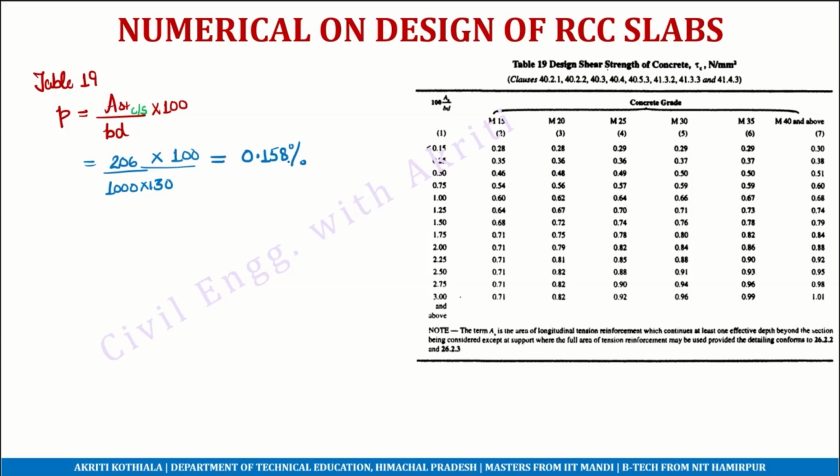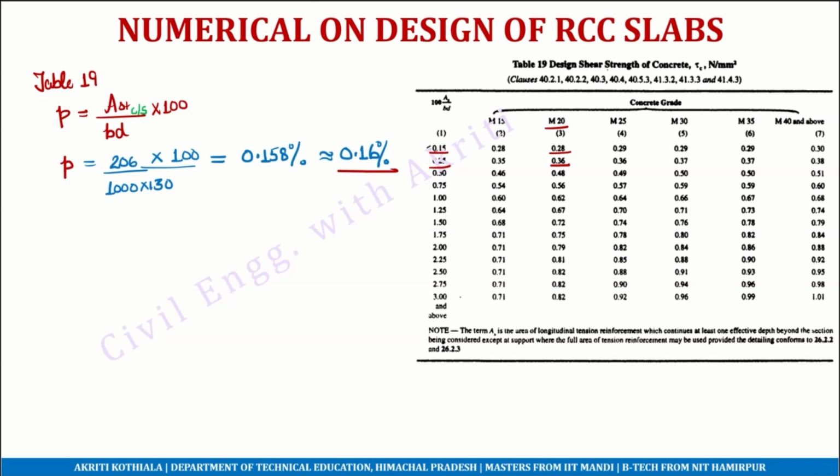Just for the sake of ease, I am rounding it up to 0.16%. Now for this value, we can see that it lies between 0.25 and 0.5. For M20, we have values 0.28 and 0.36. So we will have to interpolate and find the percentage of steel corresponding to 0.16%.